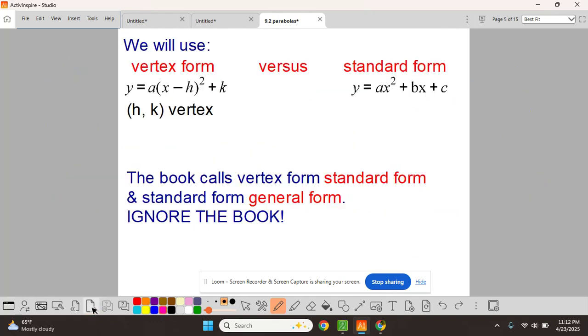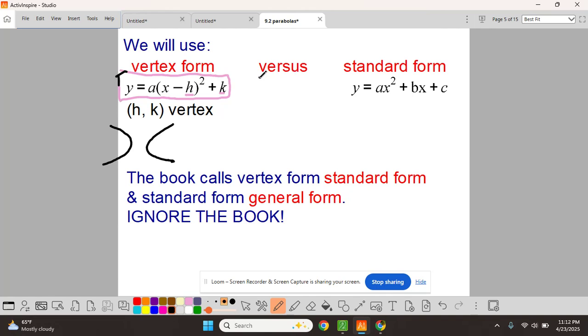Now, we will use vertex form as y is equal to a quantity x minus h squared plus k, wherein h and k represent your vertex. Sometimes the vertex will be the same as h and k, but sometimes the parabola opens sideways, and there will be a little change in the form, which I'll explain to you in a while.